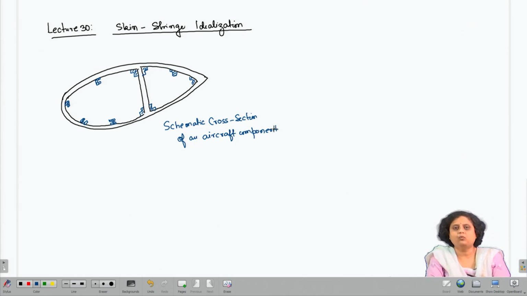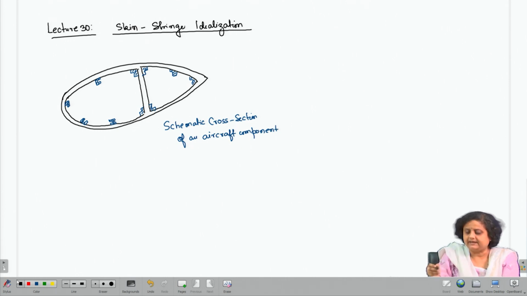So, all this while we have been analyzing a beam, a thin walled beam, either open cross section or closed cross section, under different forms of loading.